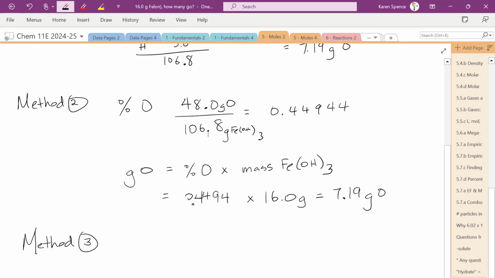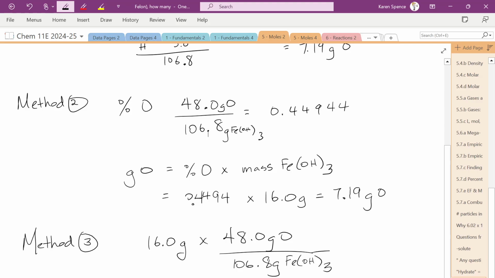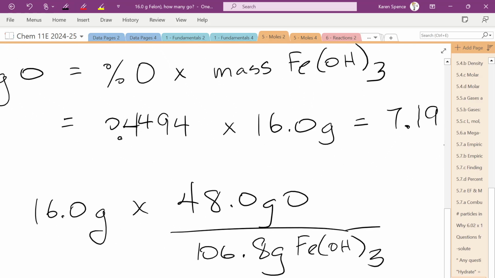Did anyone do it a third way? So what we have here is a gram ratio, which is not something we use a lot, but it is true that for every 106.8 grams of FeOH3, we have 48 grams of oxygen.